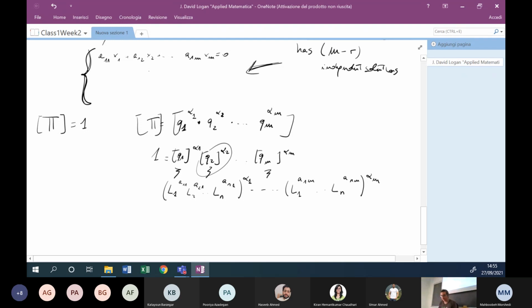So basically, what I can do now is to build, well, here I will have some L1 to the power a11 times alpha 1 plus other terms which are coming from the terms here in the middle until I arrive to plus a1m times alpha m, times L2 with a similar expression, times L3, L4, L5 until I arrive to Ln with a similar expression again.